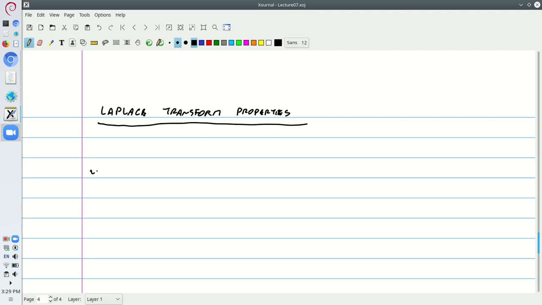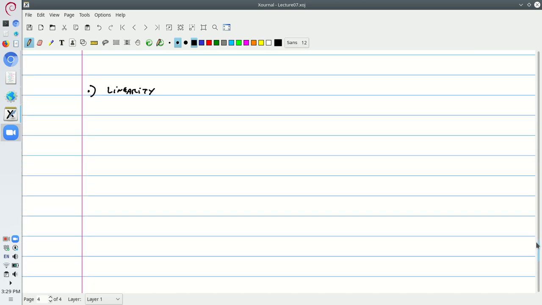So the first property is linearity. It's a sort of trivial property if we consider how it is defined, but if you want to compute the Laplace transform of the linear combination of two functions, so if you want to compute the Laplace transform of alpha 1 f1 of t plus alpha 2 f2 of t, so you have a certain function f1, you multiply that by a scalar alpha 1, and you also have another function in the time domain f2, and you multiply that by alpha 2, and then you add up alpha 1 f1 plus alpha 2 f2.